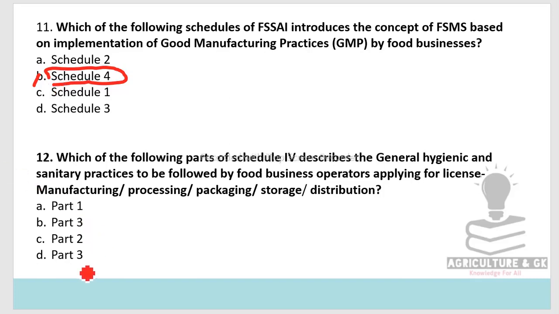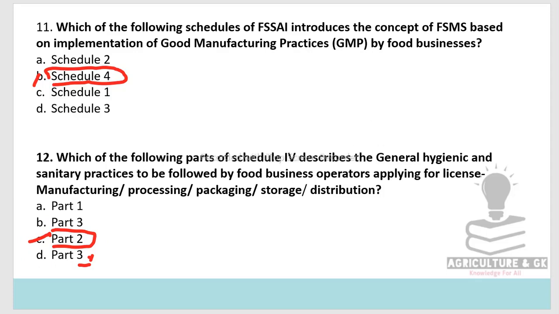It is a repetitive option, you can ignore one of these. So Part 2 of Schedule 4 describes the general hygienic and sanitary practices to be followed by food business operators who are applying for license, manufacturing, processing, packaging, storage or distribution. So our answer will be option C, Part 2. It is very important. Part 2, Schedule 4. We have discussed two questions over this.